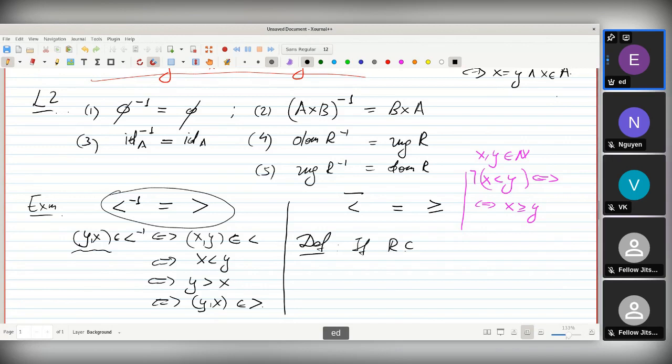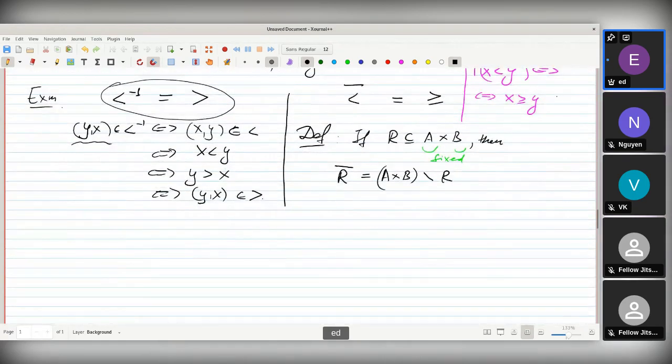If we are considering our R as a binary relation between A and B, where A and B are of course not uniquely determined, but somehow fixed for a moment, then we are defining the complement of our binary relation the following way: A times B minus R. So these are just all the pairs which are out of R, but nevertheless which belong to A times B.